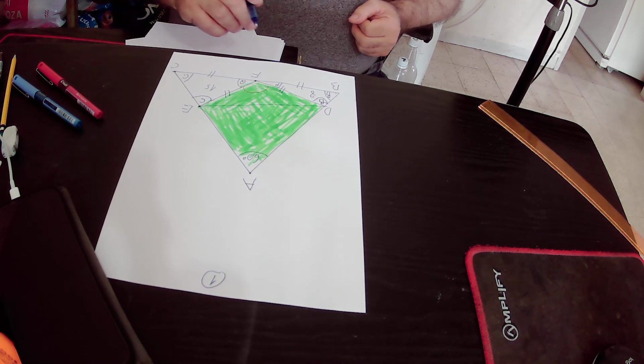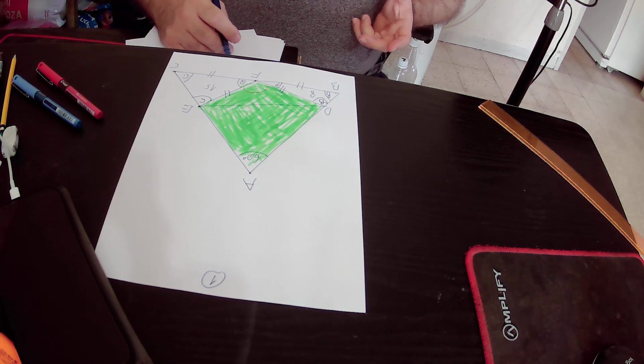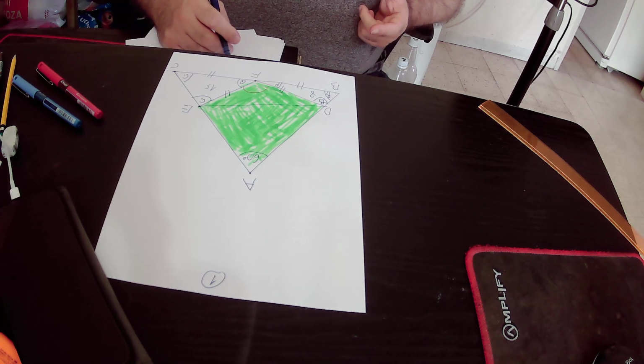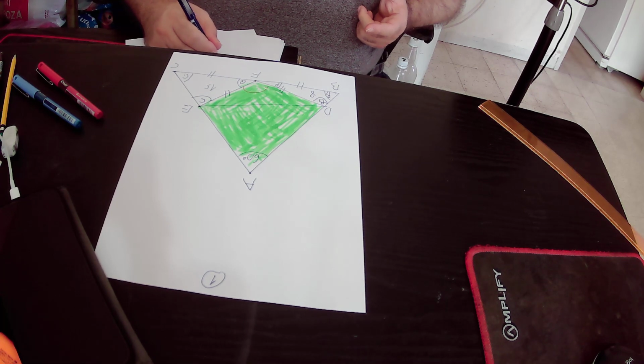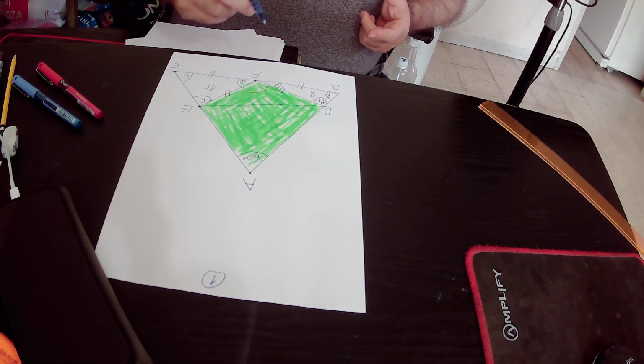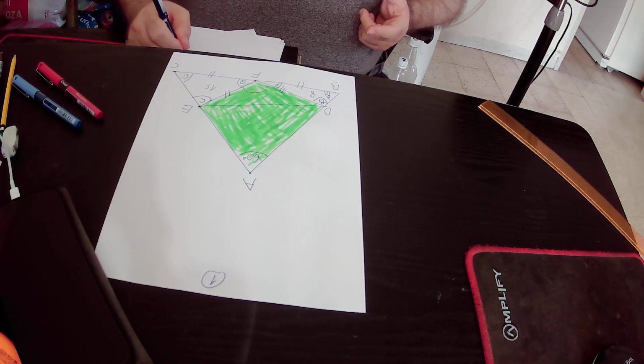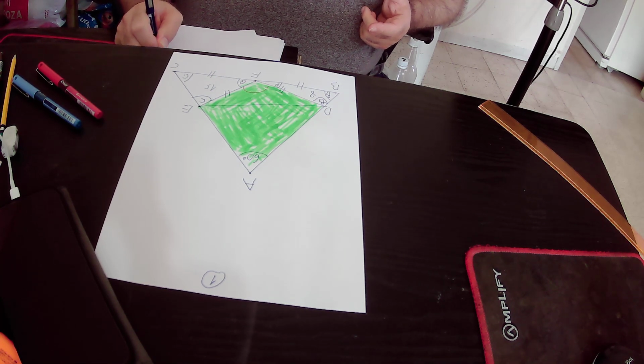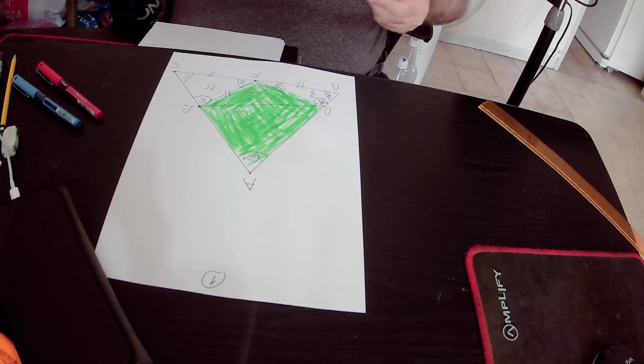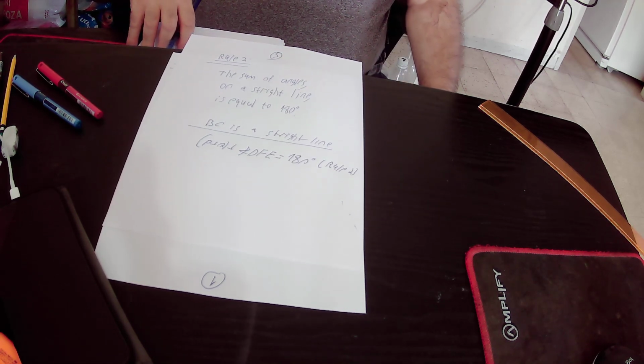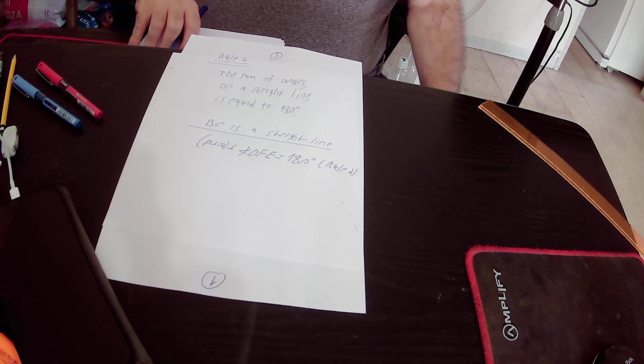So if we focus on point F, we know according to rule number 2 that the sum of the angles on the straight line BC at point F must be equal to 180 degrees, that is to say P plus Q plus angle DFE must be equal to 180 degrees.